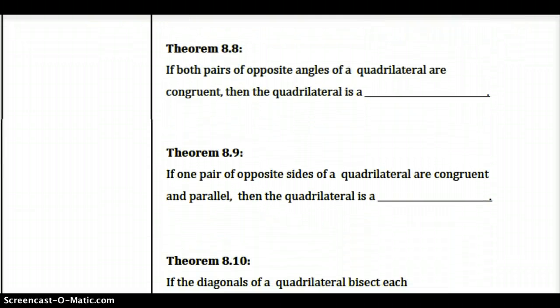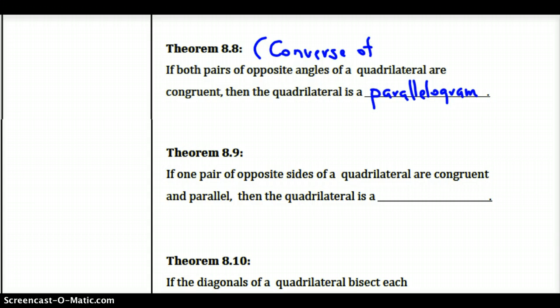Similarly, if we have a quadrilateral with both pairs of opposite angles congruent, the quadrilateral is also a parallelogram. And that is really the converse of theorem 8.4.